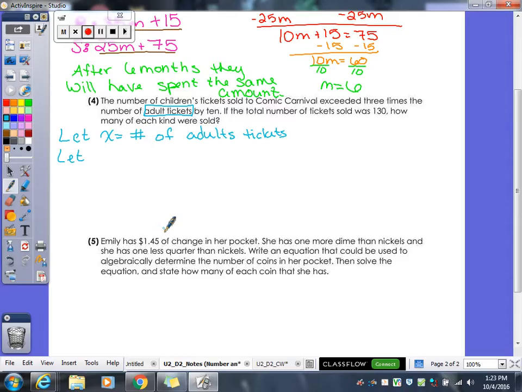It says it exceeded 3 times the number of adults. So what would 3 times the number of adults look like? 3x. Exceeds means we add. So it's going to be plus what? Plus 10. And that's your number of children's tickets.